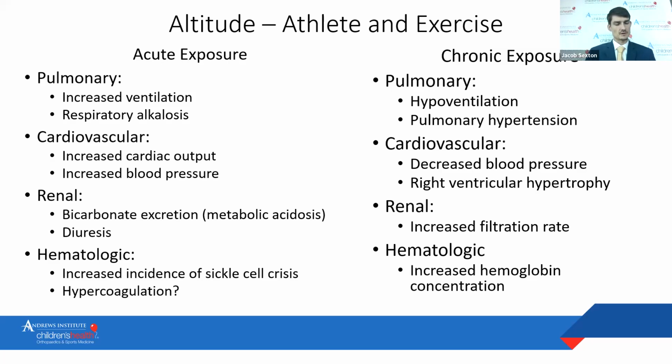That subsequently induces a respiratory alkalosis as you breathe off more carbon dioxide than you're accustomed to. In response, the kidneys are going to counteract that and maintain homeostasis in the body. It does that by promoting diuresis and excreting any excess bicarbonate that it can in order to promote a metabolic acidosis to maintain a natural body pH.